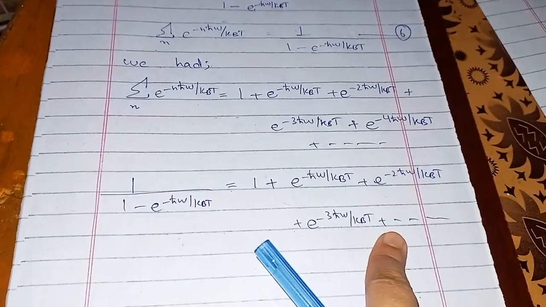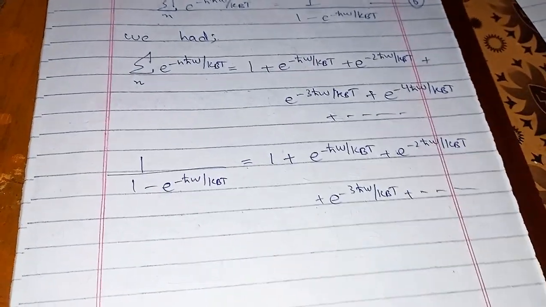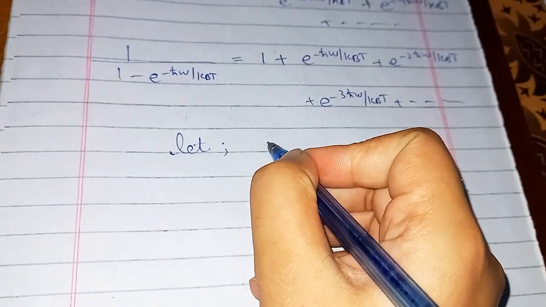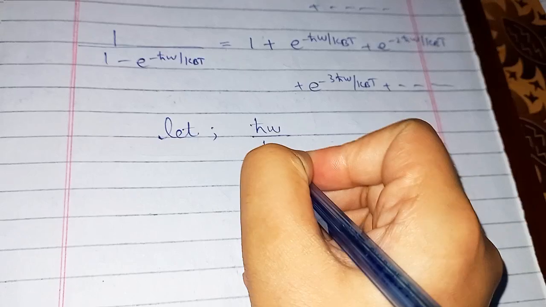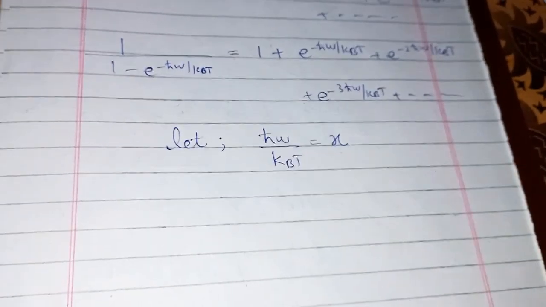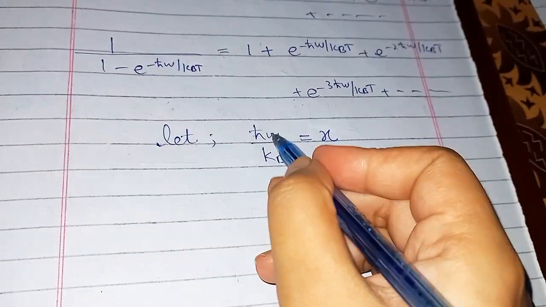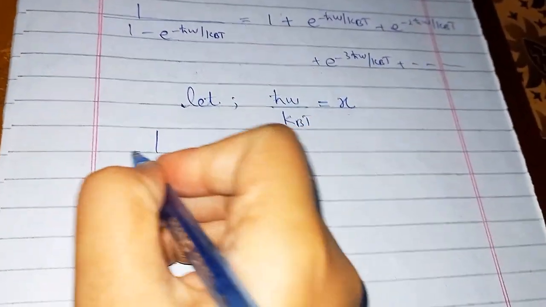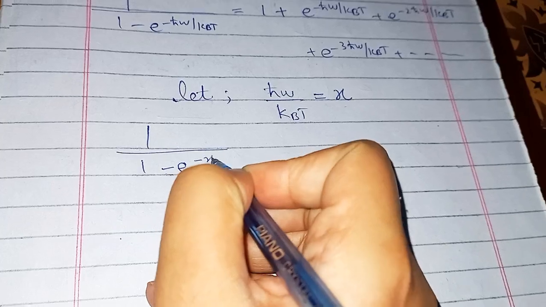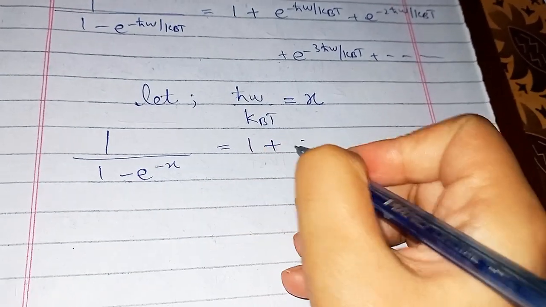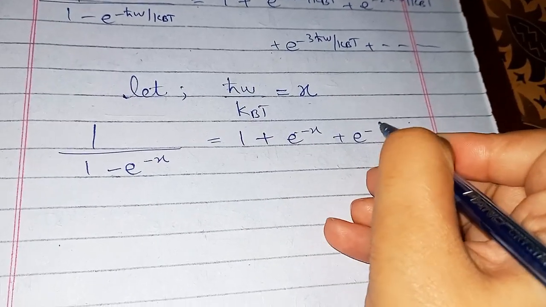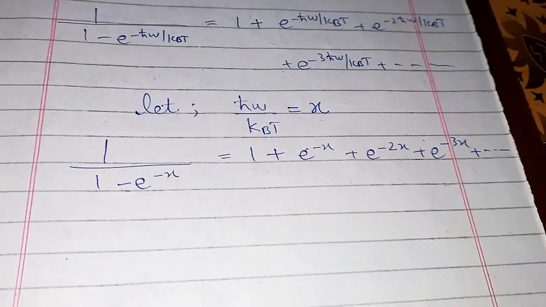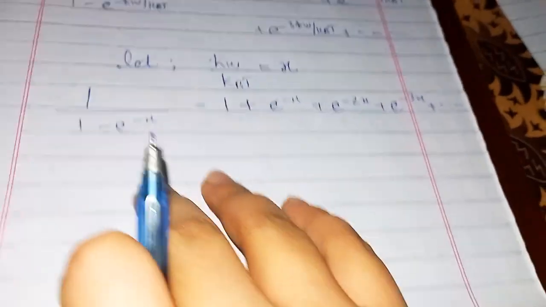Now, for convenience, let h square omega by kBT be equal to x. So the summation will look like simply 1 plus e to the power minus x plus e to the power minus 2x plus e to the power minus 3x and so on. This is a really simple form.